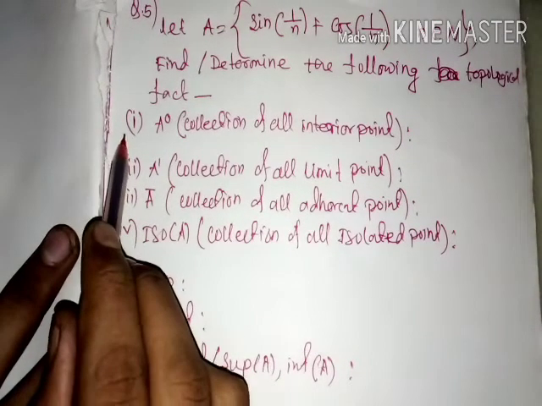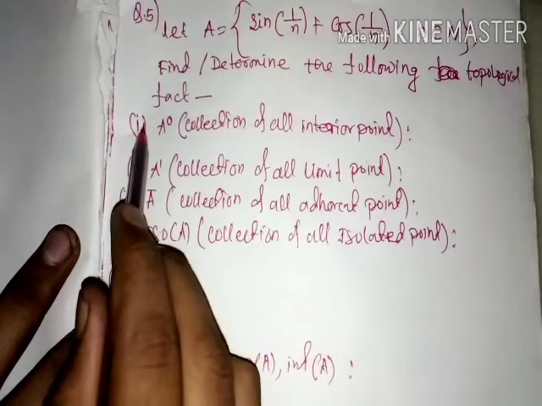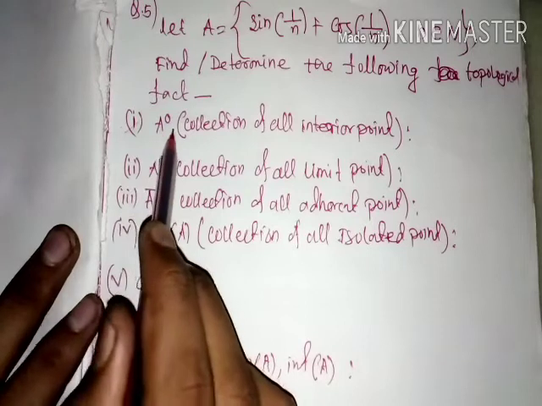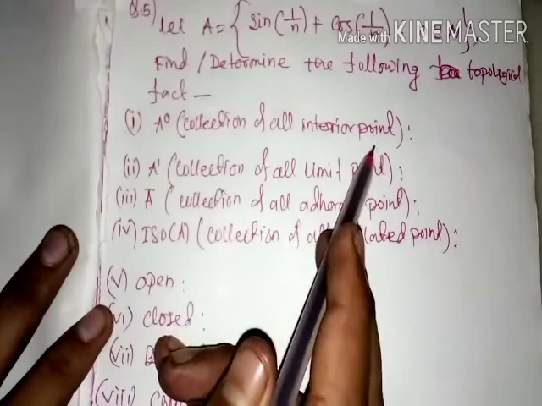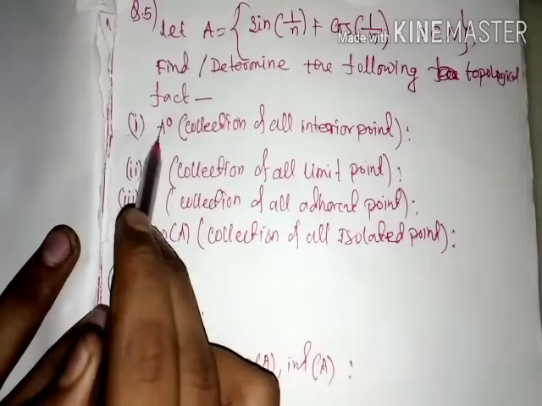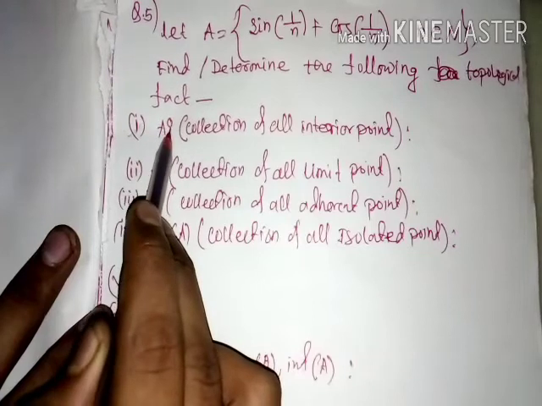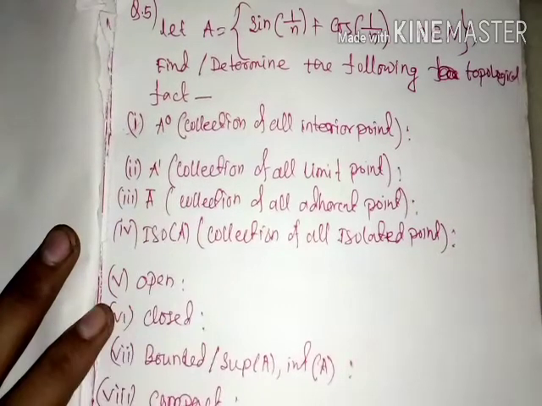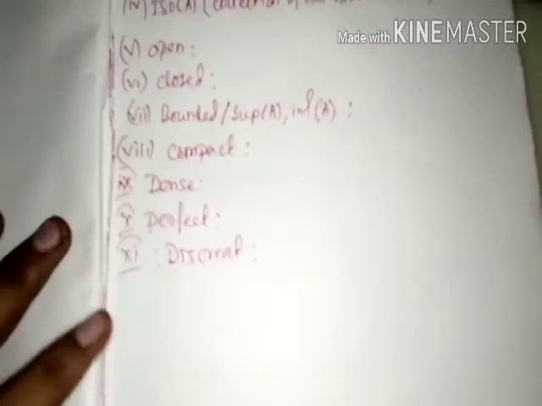First option, A interior, the collection of all interior points. Actually, first we find A naught, which is the collection of all interior points. Let's determine it first.